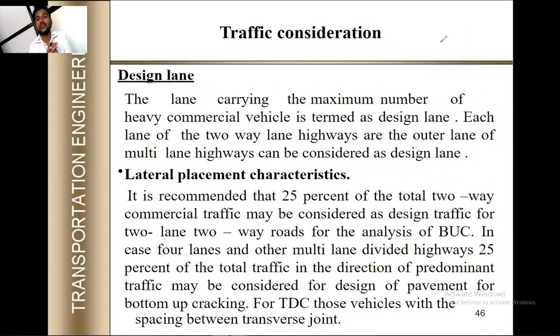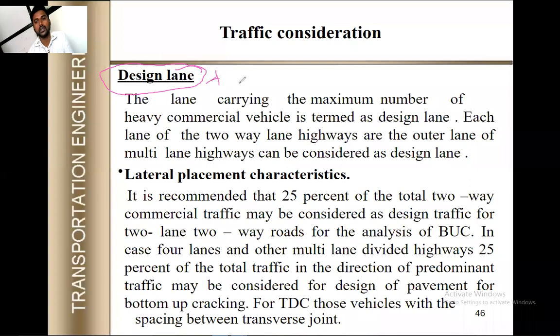So the heavy vehicles travel in that lane. The lane which carries the maximum number of commercial vehicles is considered the design lane, because it carries the maximum number of heavy commercial vehicles.